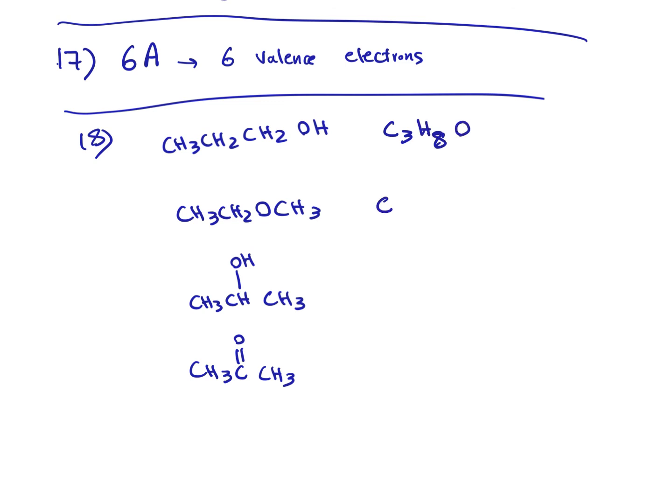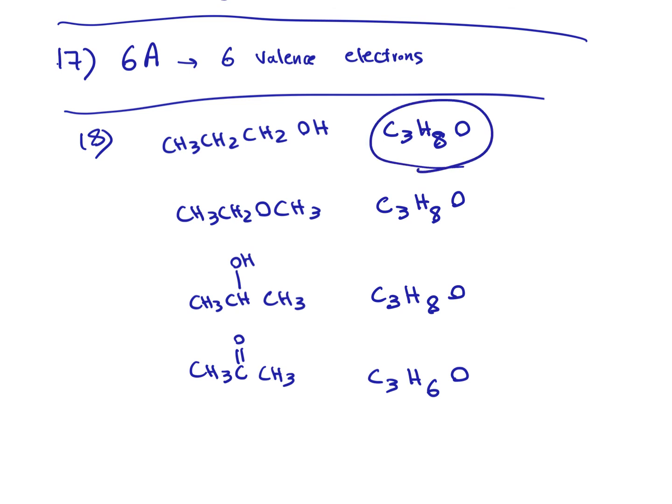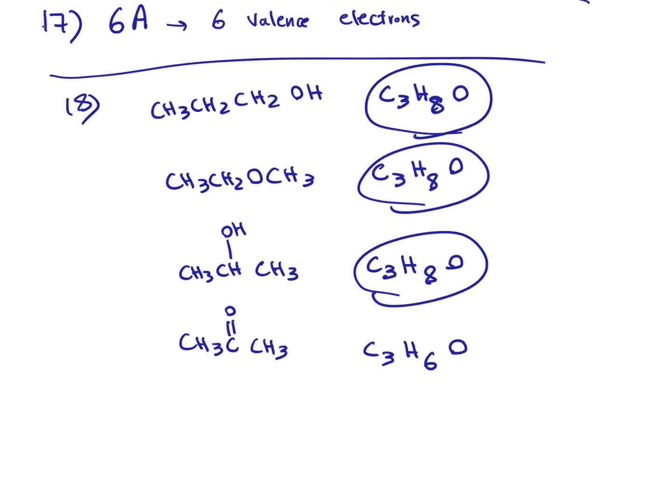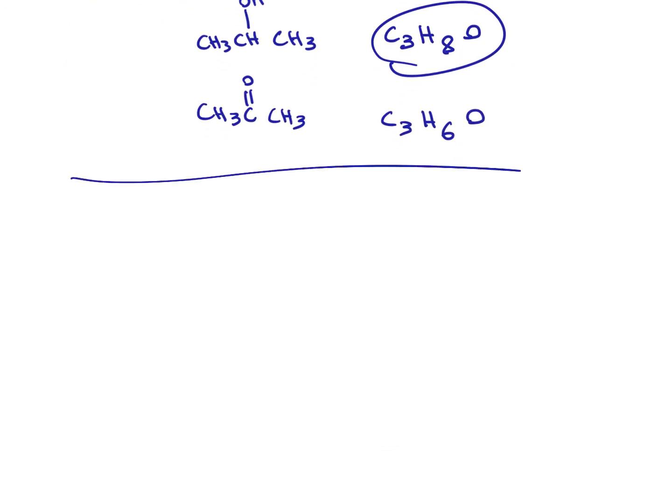This would be C3H8O. This C3H8O. This would be C3H6O. So we can see that these 3 are structural isomers because they have the same molecular formula but different structures.